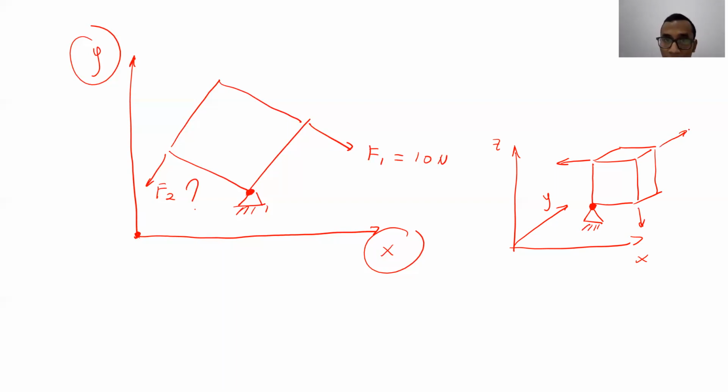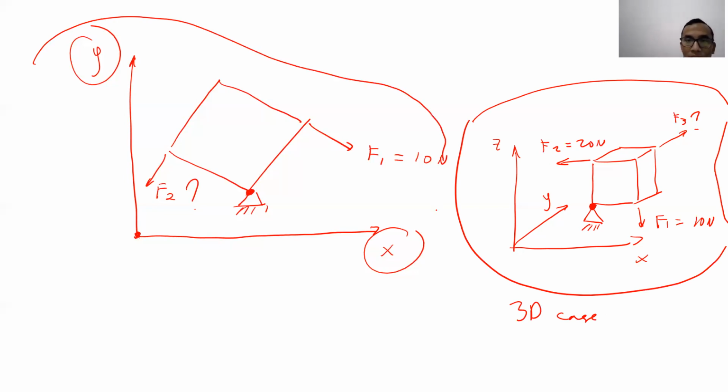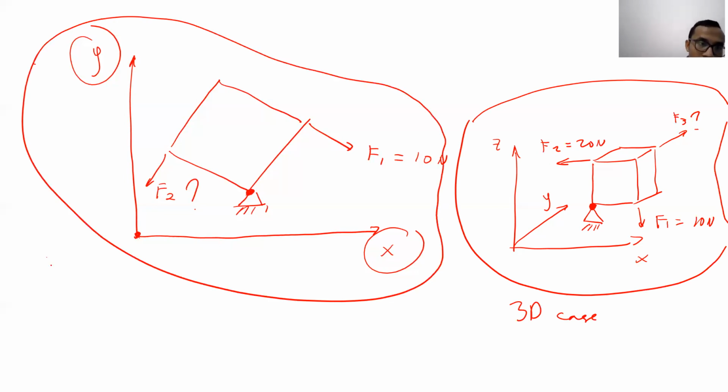F1 is known as 10 Newton, F2 is known as well, 20 Newton, F3 is unknown, for example, and you have to solve for this particular problem. This one is the three-dimensional case. The left one is the two-dimensional case.